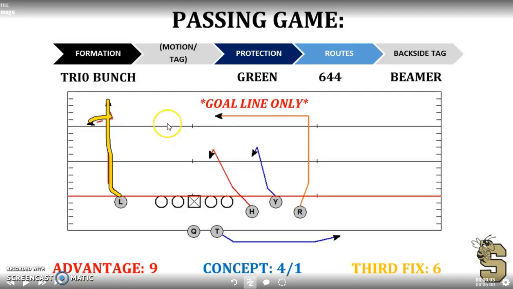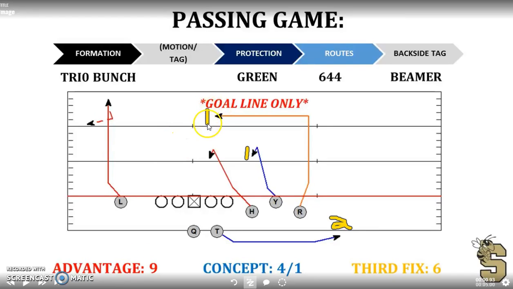If they are balanced and we like our numbers to the trip side, now we are going to attack. First, we're going to try and identify pressure, and if we get pressure, we will take our advantage route right away. Otherwise, we are working this horizontal stretch between the first snag route and the swing route.